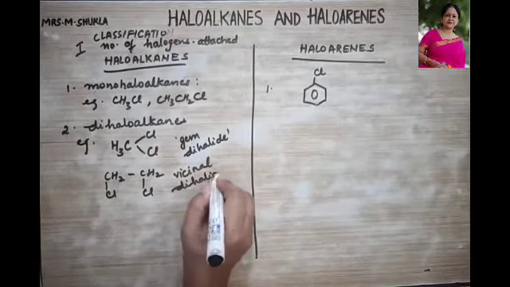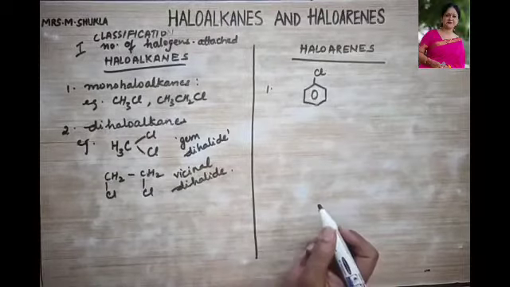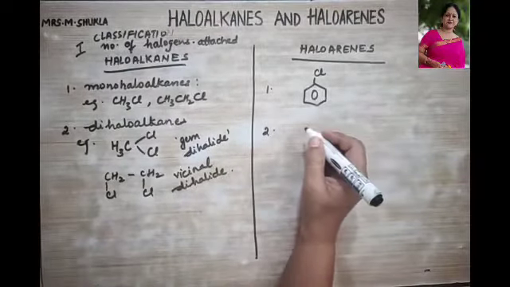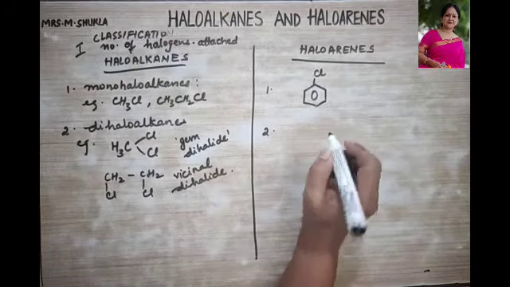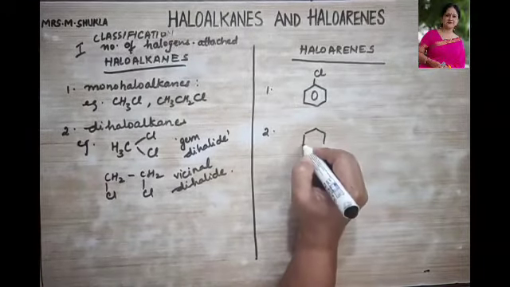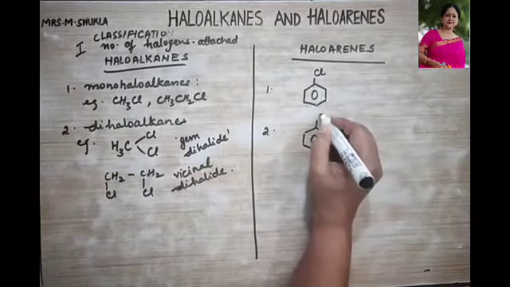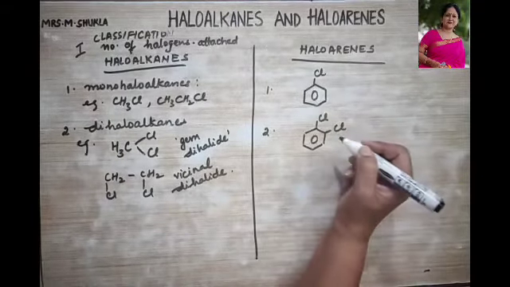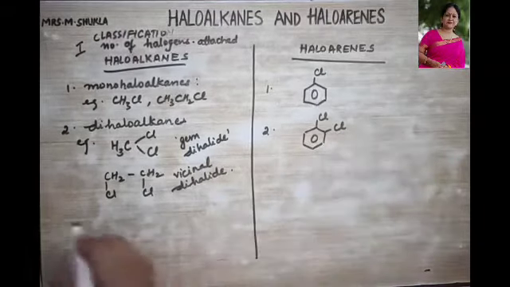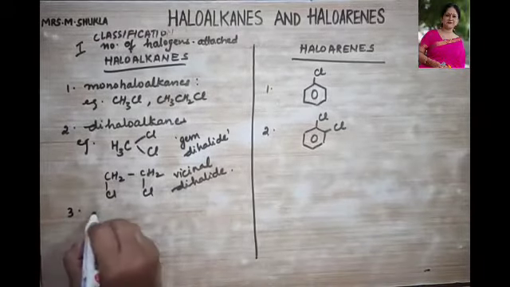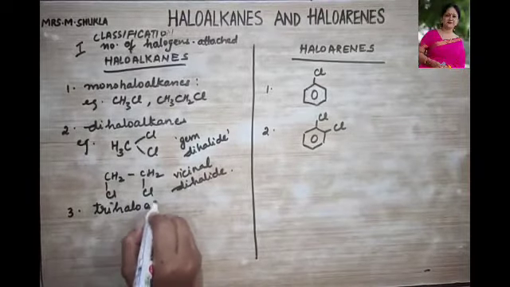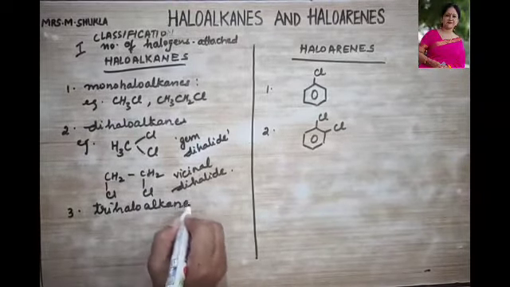What is this called? Vicinal dihalide, right? Similarly, haloarenes can also be dihaloarenes. For example, where two halogens are attached to the ring, it is called a dihaloarene. Then the third kind, trihaloalkane.